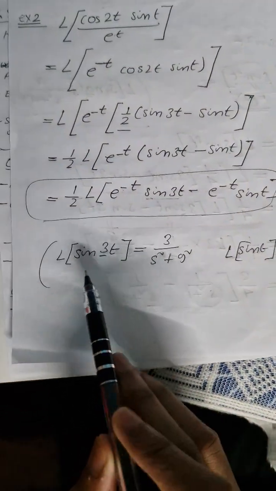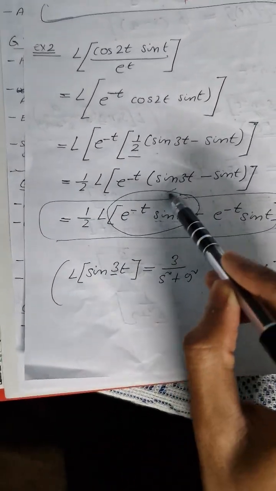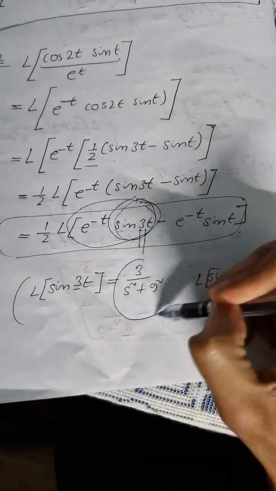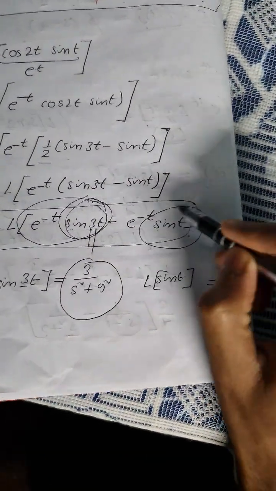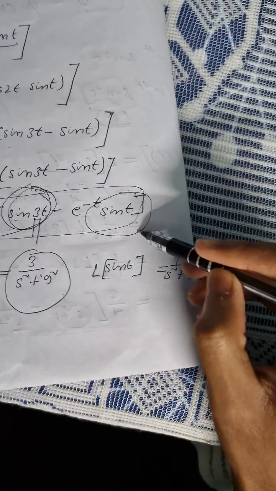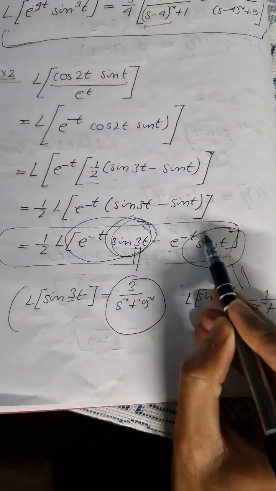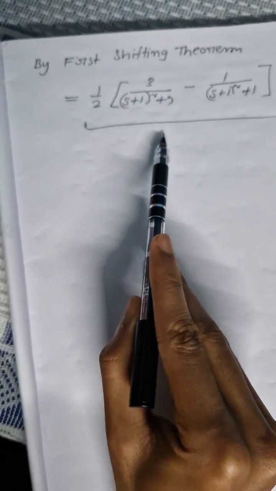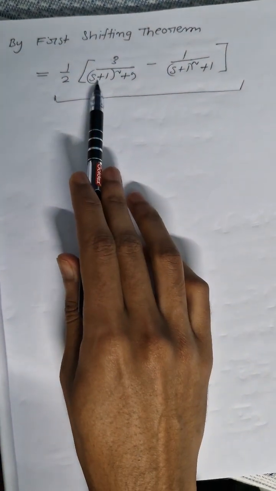Here the Laplace of sin 3t becomes 3 by s square plus 9, and Laplace of sin t becomes 1 by s square plus 1, with e to the power minus t. We have seen when there is this power, we have to use the first shifting theorem, then it transforms into this statement, 1 by 2. The e to the power values are not there now because we have transformed it. So you can see this s plus 1 square, s plus 1 square. So this was all to solve the questions of the first shifting theorem.